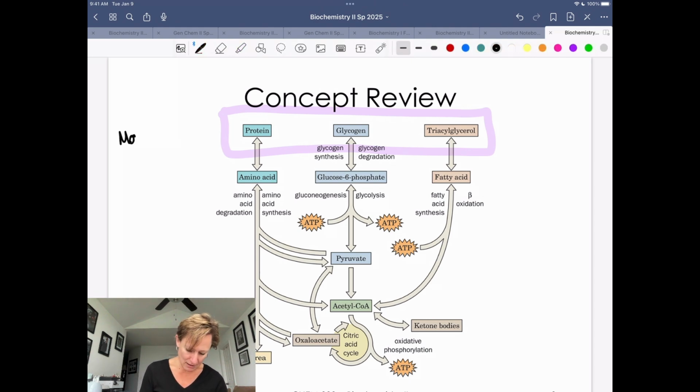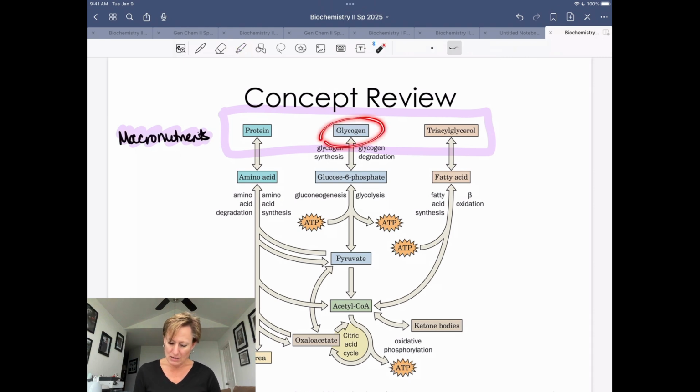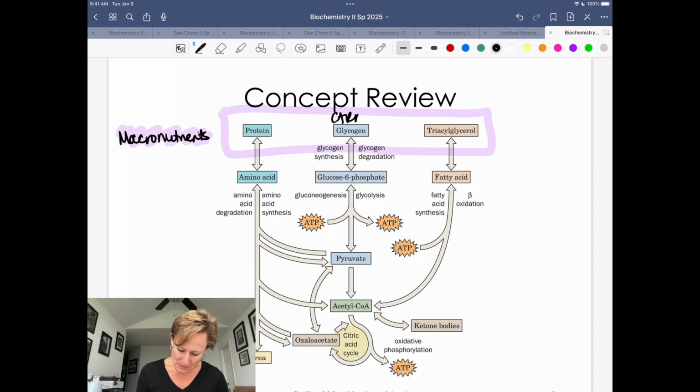So these are your macronutrients, right? We've got carbohydrates. Now again, this says glycogen here, but we're just going to think about this as carbs, carbohydrates. We've got proteins, and then we've got lipids.